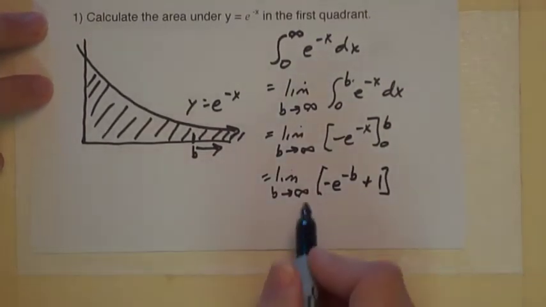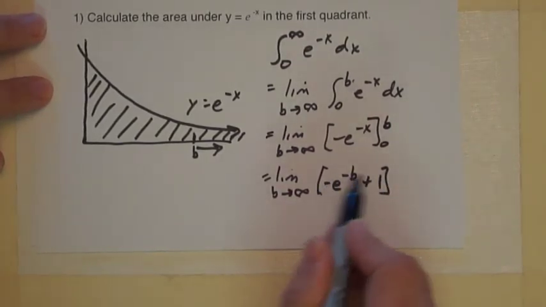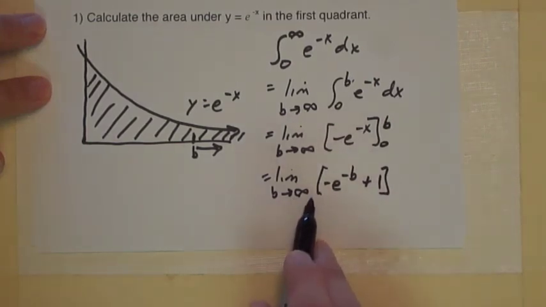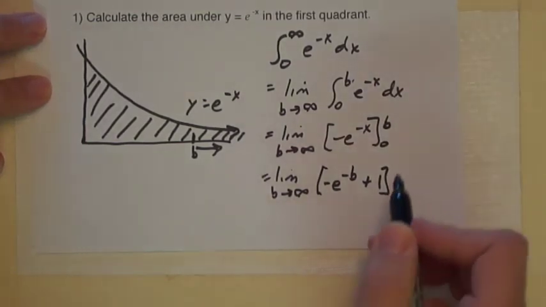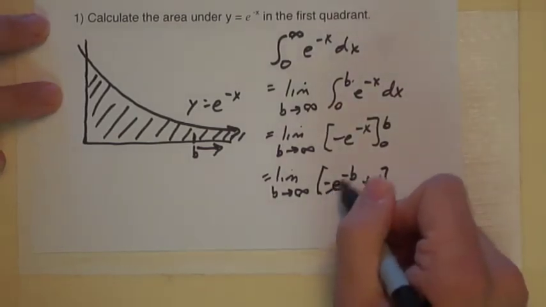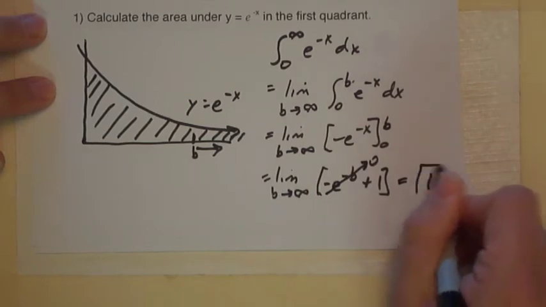Now we take the limit, because we now have an expression with b and there's nothing else to do with this expression in brackets. Now we take the limit as b goes to infinity. And as b goes to infinity, e to a very large negative number goes to 0. This piece goes to 0. So in the limit, this just becomes 0 plus 1, which is 1.